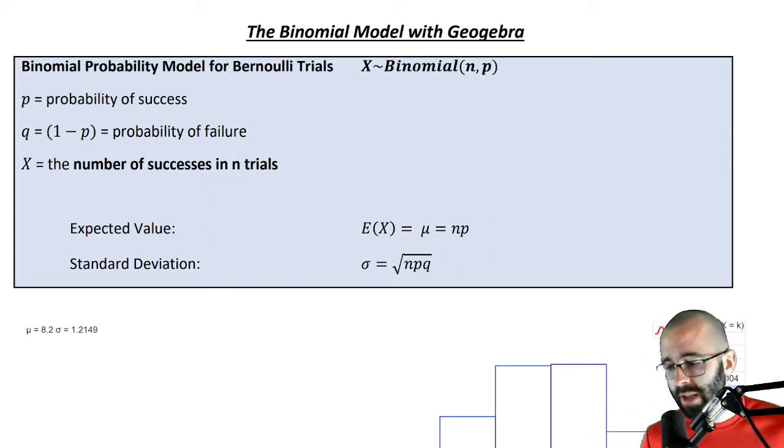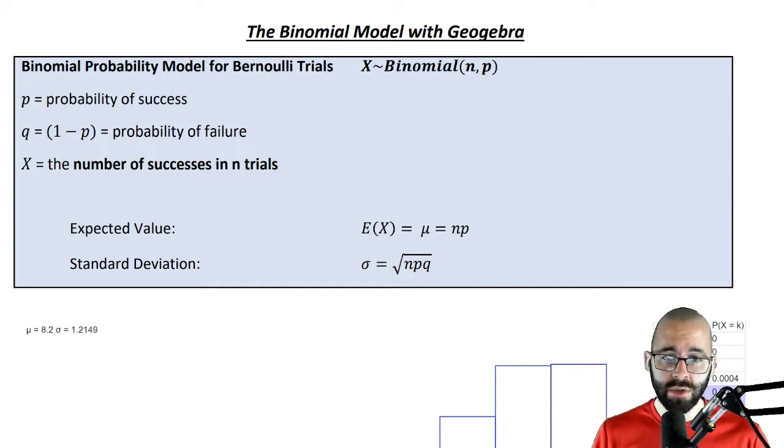So let's look at Bernoulli trials. We talked about Bernoulli trials in the previous video. If we have an experiment that we're repeating multiple times that satisfies those three conditions, and we want to count how many successes there are.